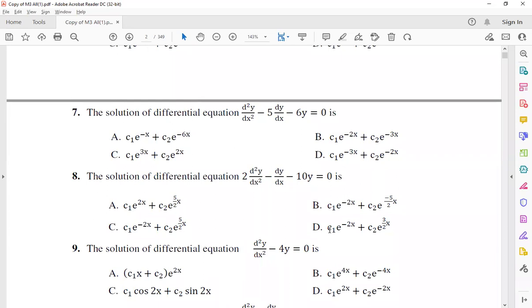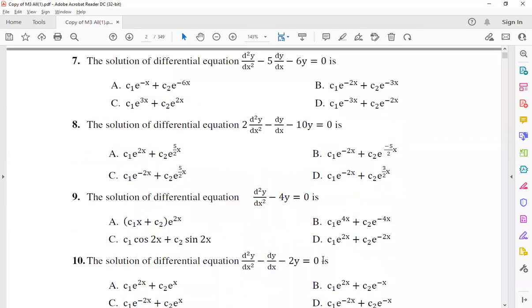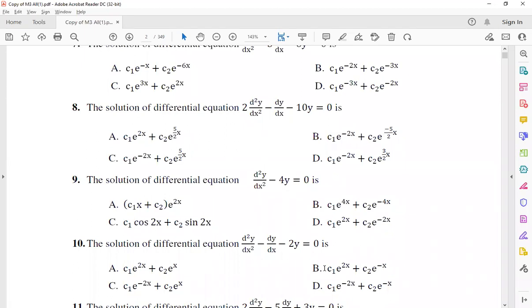Good. Chalo, next, 8th one. A is 2, B is minus 1, C is minus 2. Tell me the roots. Everyone is having a calculator? 5 by 2 and minus 2, right, correct. 2.5 is there, and 2.5 I cannot see in your answers.